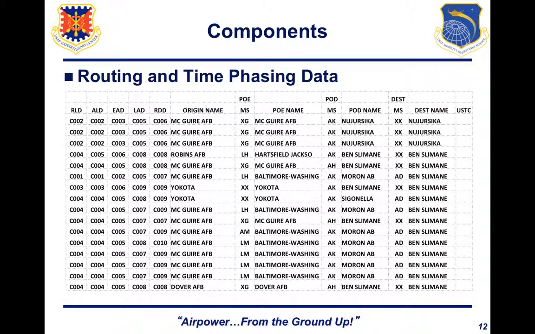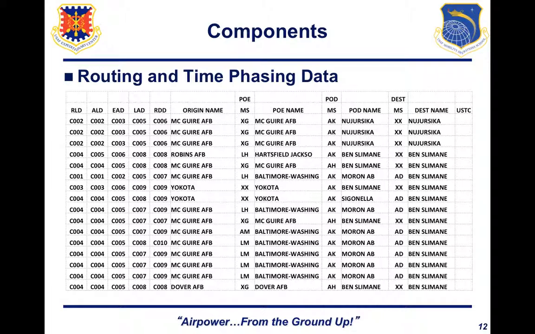And then we must be at our destination at C6, which is also in New Jerseyka. You can verify that by looking at the destination mode and source code, which is XX, which in this case means the POD and the destination are the same.